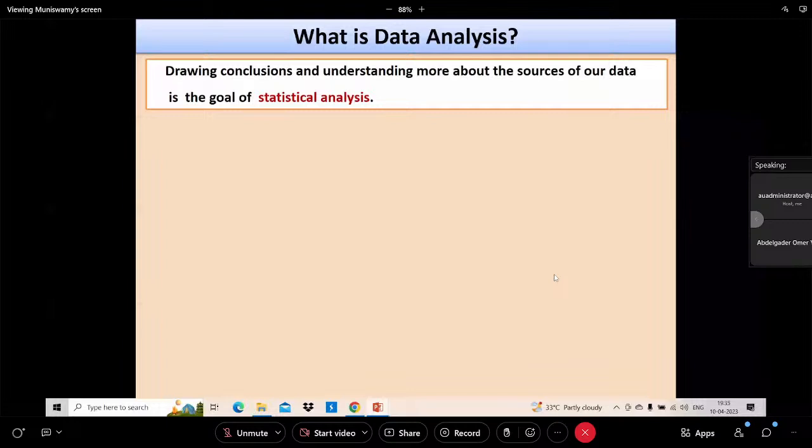The role of a data analyst is examining data, to check whether your data is relevant or not.